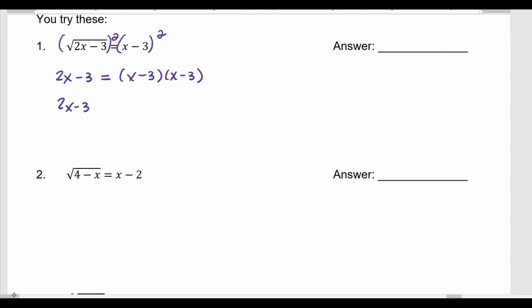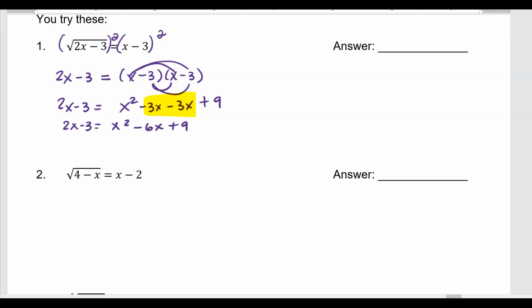So you have 2x minus 3, and then we're going to FOIL: x squared minus 3x minus 3x plus 9. So 2x minus 3 equals x squared. We have like terms in the middle, minus 6x plus 9. And then if you follow the rules of solving equations, you're supposed to put everything on one side.